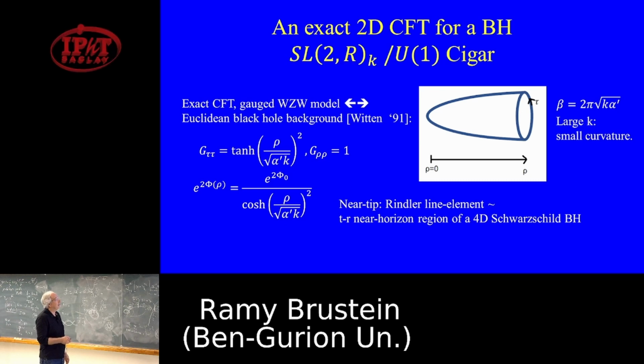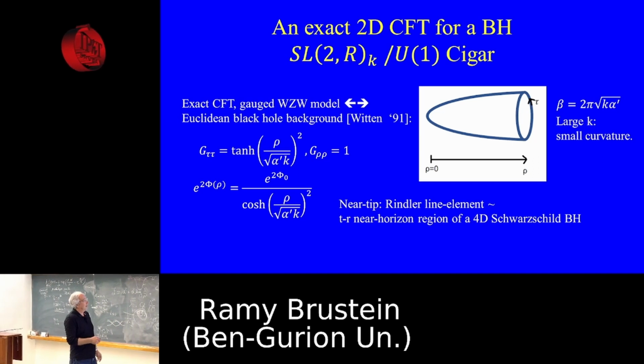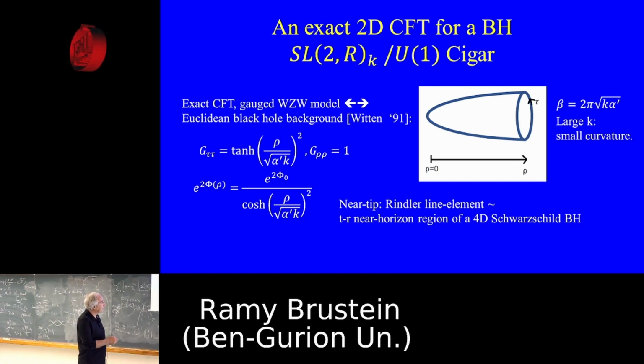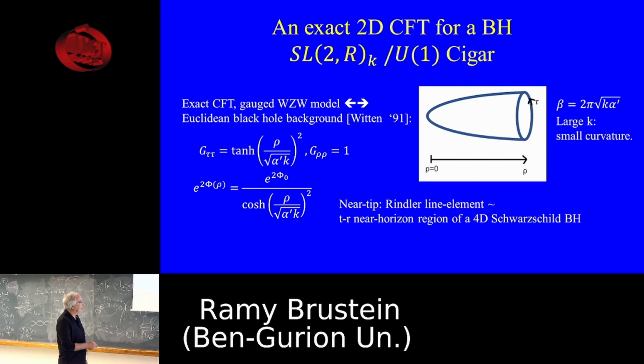Again, here we start with a beta that is much different than the Hawking temperature, and as we go in, this thermal circle shrinks, and here it becomes similar to the Hawking temperature. That's the well-known solution that corresponds to the CFT. And here the cigar is characterized by a Rindler-like line element at the tip. Okay.